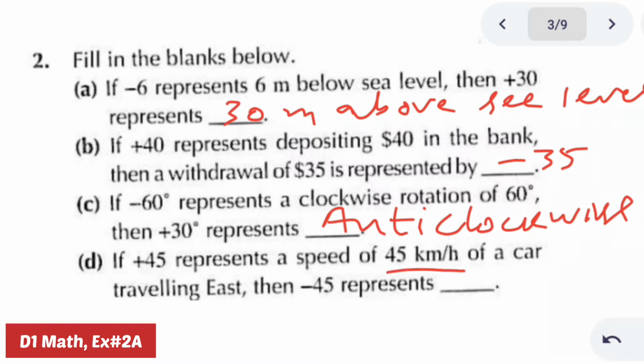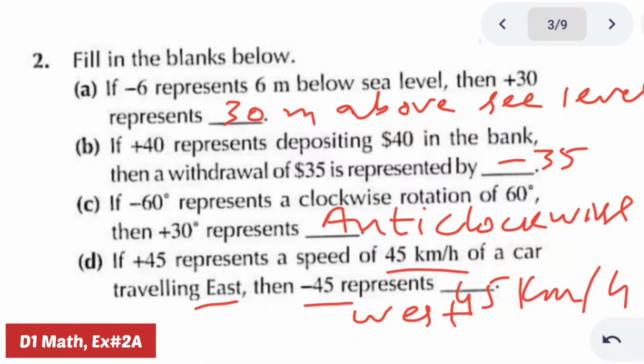Negative 45 will represent a car traveling at 45 km per hour, but this time the direction will be west, because the opposite of east is west.